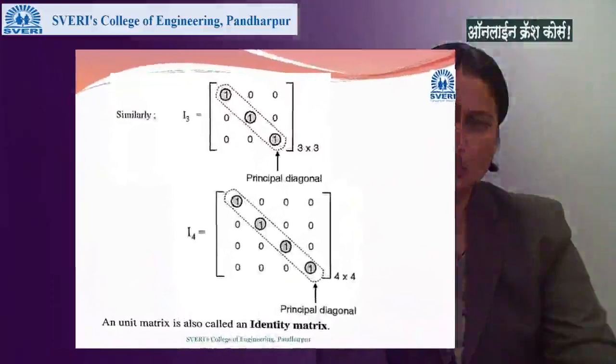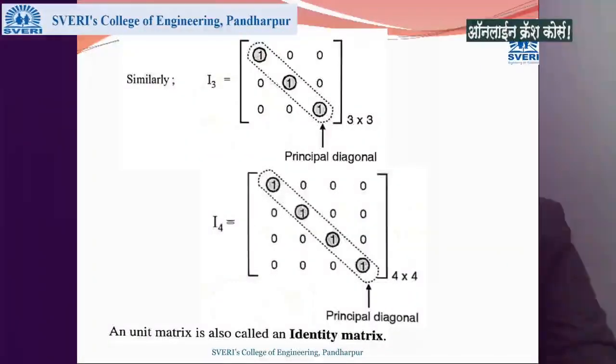Identity matrix is always denoted by a capital I with subscript n, and n shows the order of that matrix. Look at this I3. I3 means the identity matrix with order 3, means 3 rows and 3 columns. Similarly I4, that 4 indicates the order of that identity matrix. Means a unit matrix is an identity matrix.